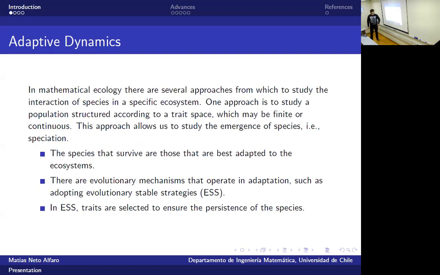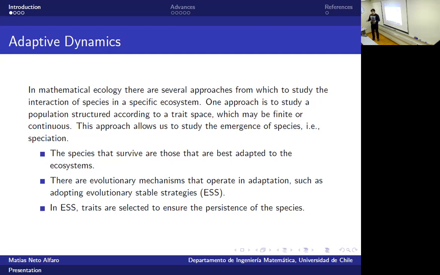So, first, the subject is adaptive dynamics. In mathematical ecology, there are several approaches from which to study the interaction of the species in a specific ecosystem. One approach is to study a single population structured according to a trait space, which may be finite or continuous. What is a trait space?